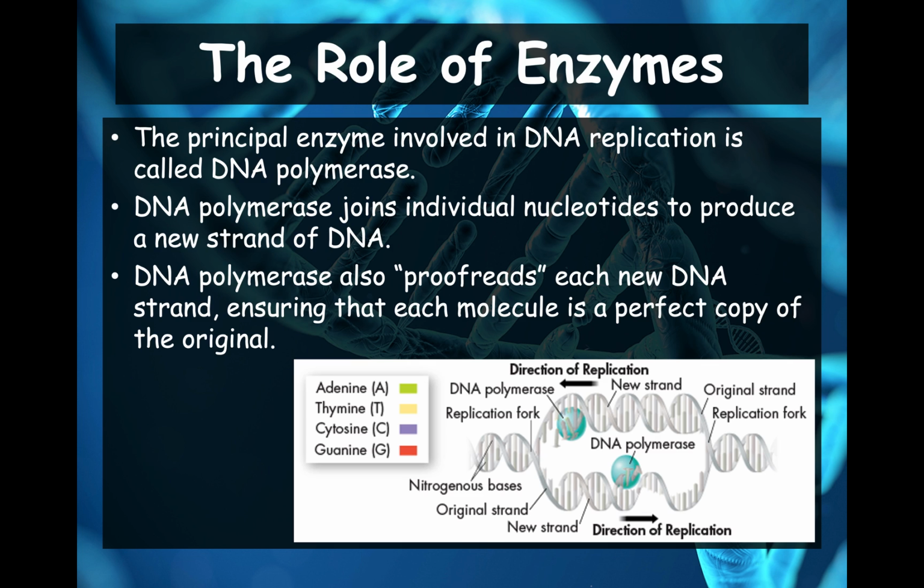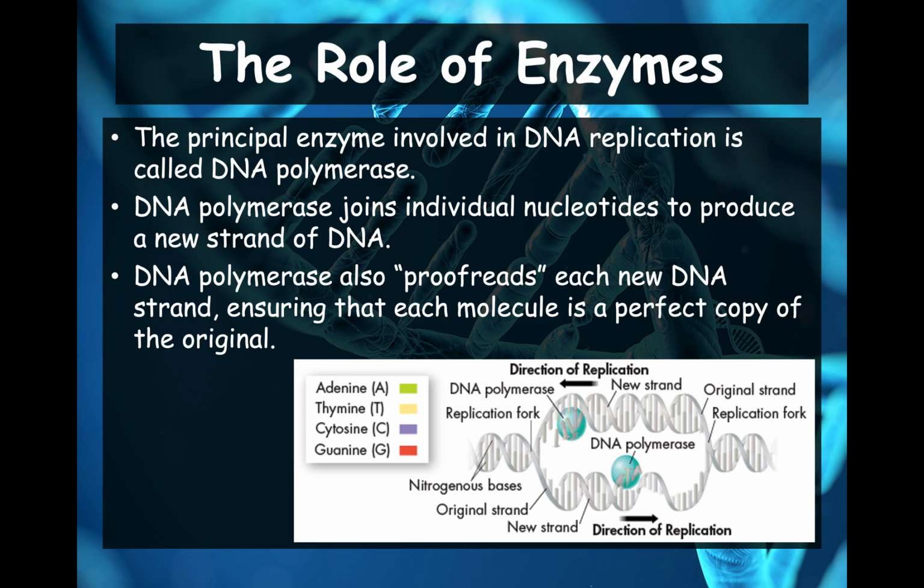It's reading the DNA, and as it comes across an A on the unzipped strand, it puts a T there. And then it might run into a C, so it puts a G. Then it runs into another A, so it puts a T. Then it runs into a T and it puts an A. So it's making the complementary strands as it goes along, and if it makes a mistake, a mistake might look like putting a C with an A. Now we know that only a T can go with an A, right?